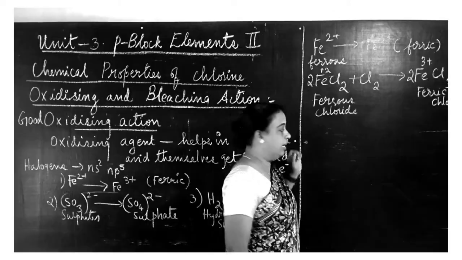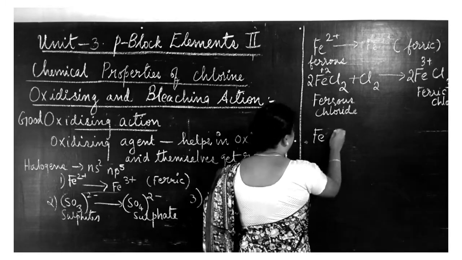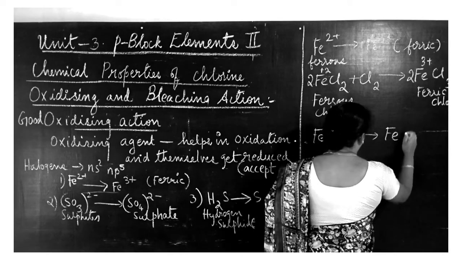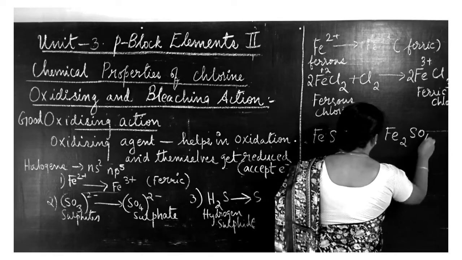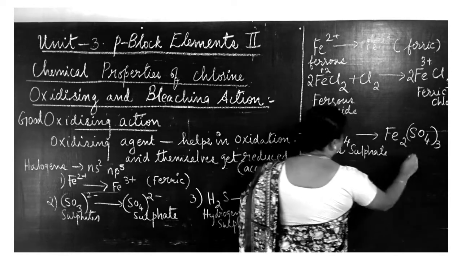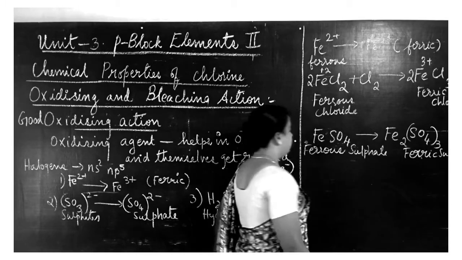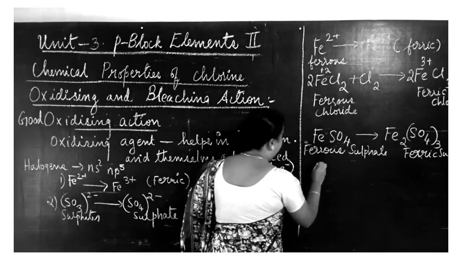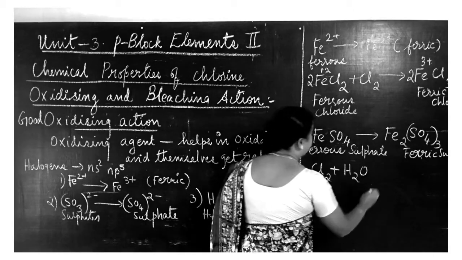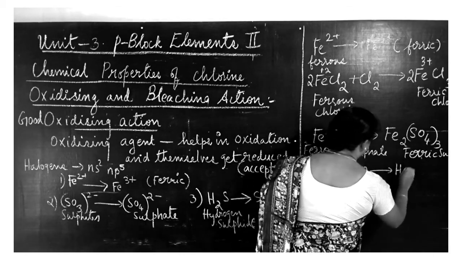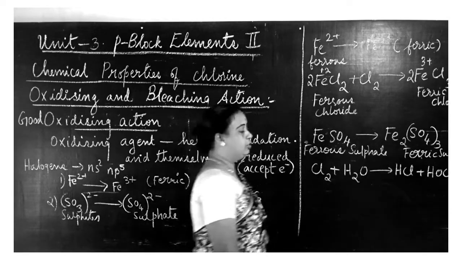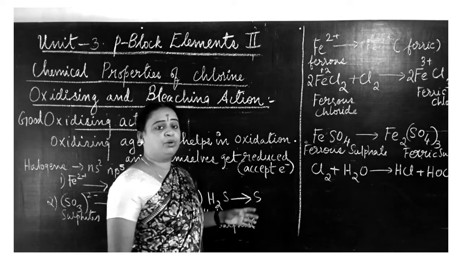Fine. Now let us see the conversion of ferrous sulphate to ferric sulphate, Fe2(SO4)3. So this is ferrous sulphate and this is ferric sulphate. So here, in this case, chlorine gas reacts with water. Whenever chlorine reacts with water, it gives the products HCl and HOCl. So HOCl is hypochlorous acid.